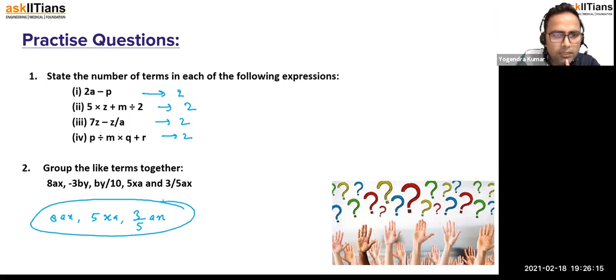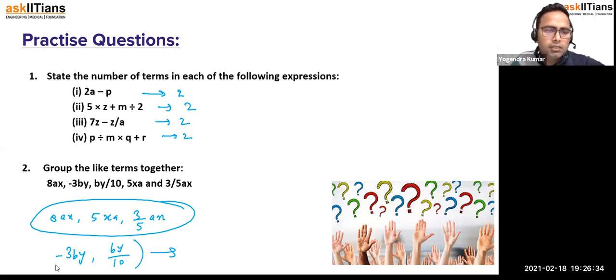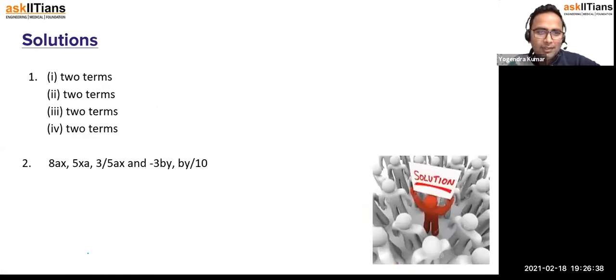If it is division, a bracket should be given, but I think this is 3 by 5 ax, right? Now what are the other terms? Minus 3by and by divided by 10. So these were like terms, right? The others are like terms too. I hope you got the answers, right?